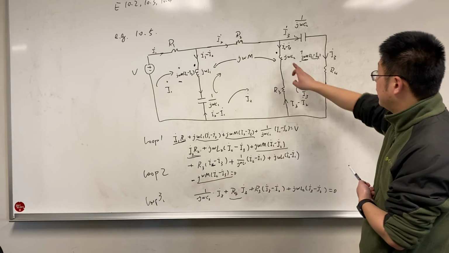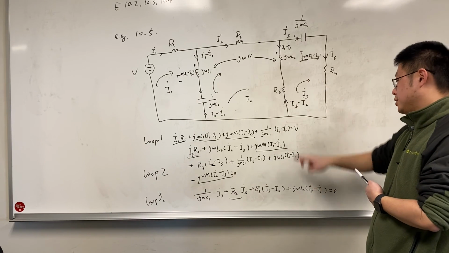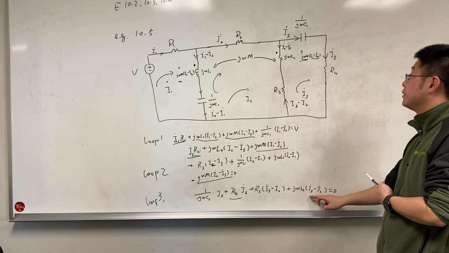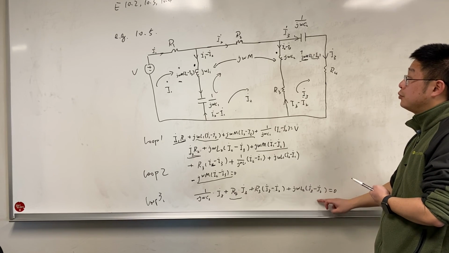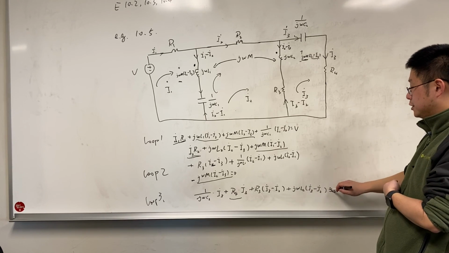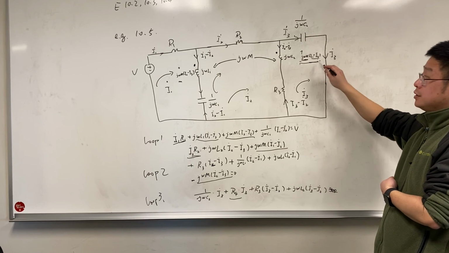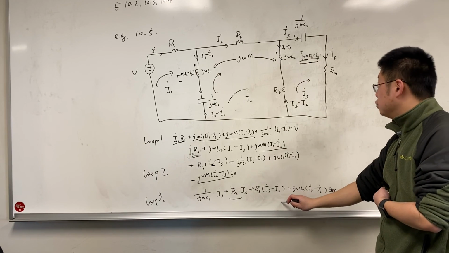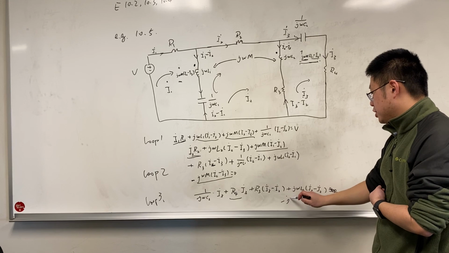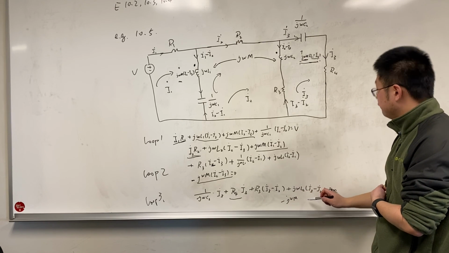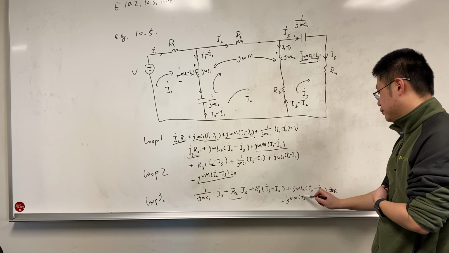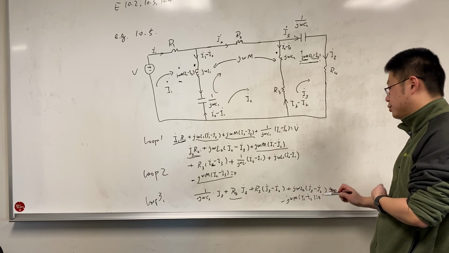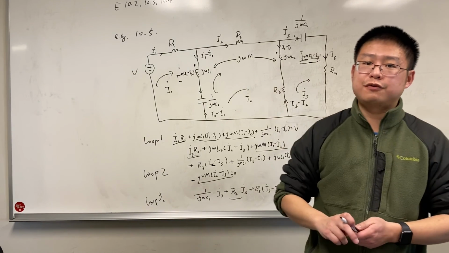And also we have this inductor, j omega L2 times I3 minus I2. But we forgot the induced voltage, so we need to minus j omega M times I1 minus I2, equals 0. So that's the equation for loop 3.